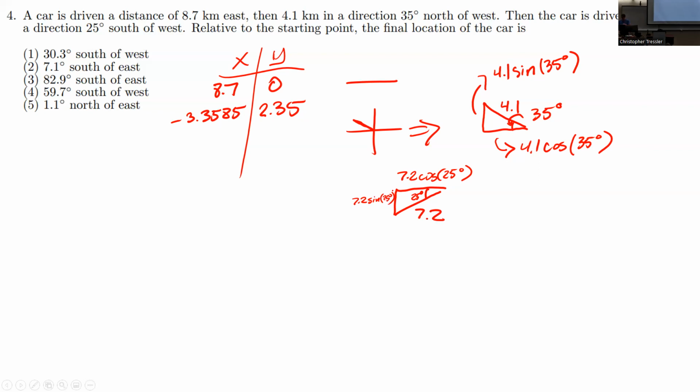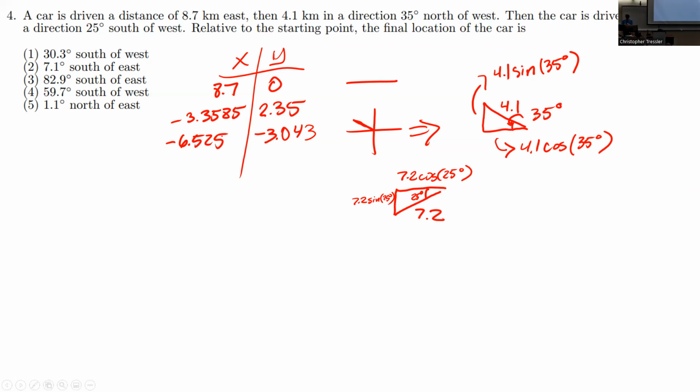If I do that real quick, notice this is negative because it's downwards. I got negative 3.043. Then 7.2 times cosine 25, I got 6.525, and once again, this is going to be negative.